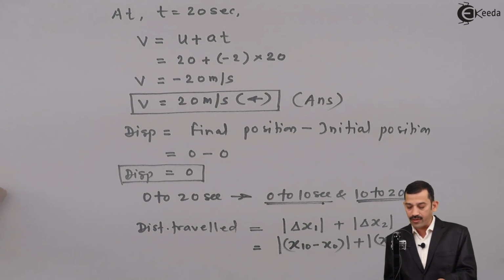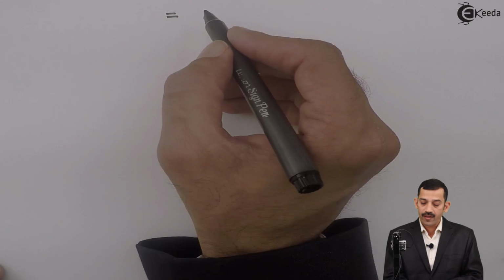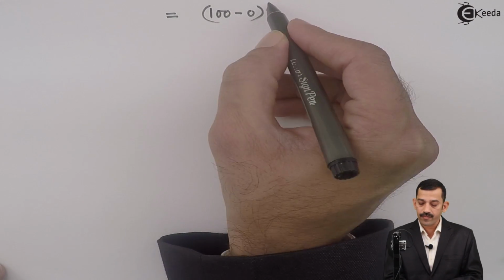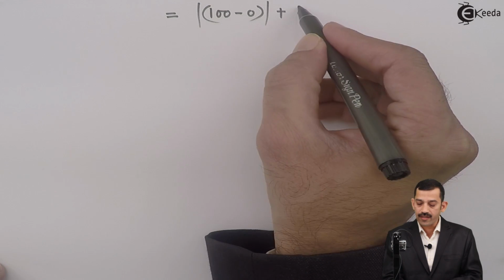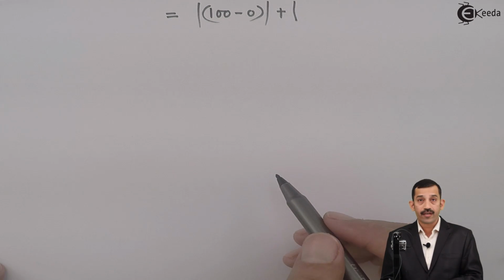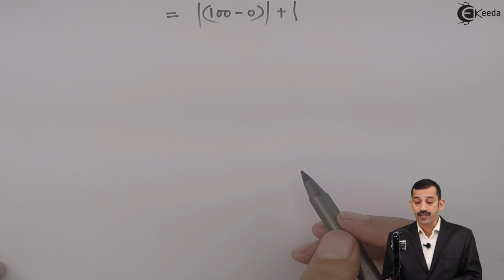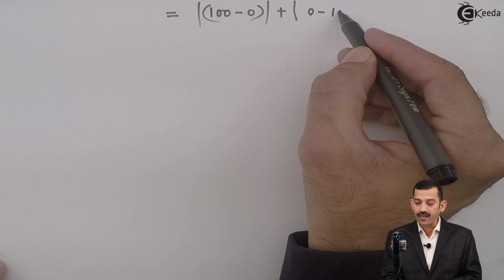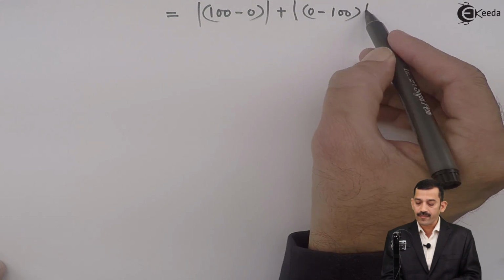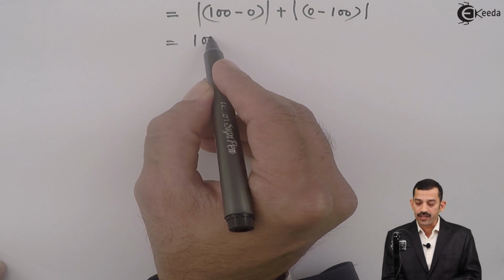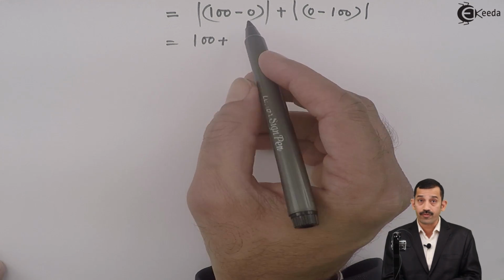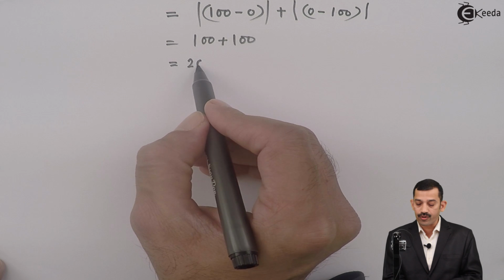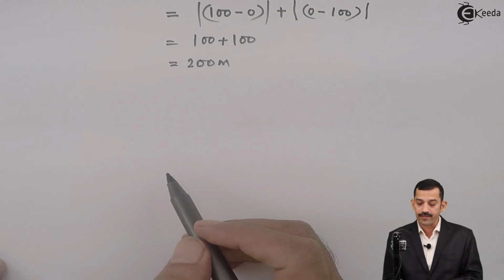So 100 minus 0 plus the second part, x20, which is again 0, minus x10, which is 100. Using the mod sign, this one is positive, and the second part also becomes positive. Distance travelled becomes 200 meters.